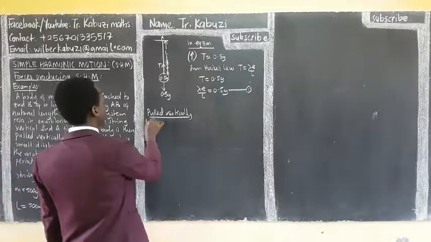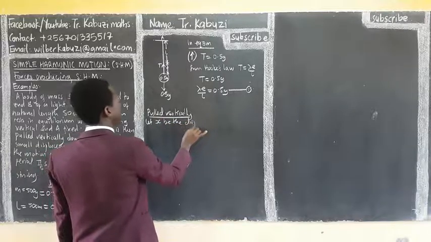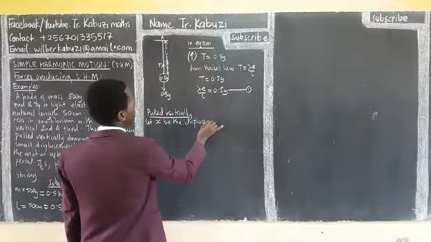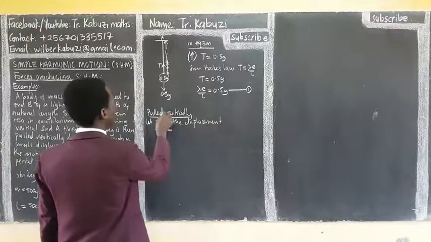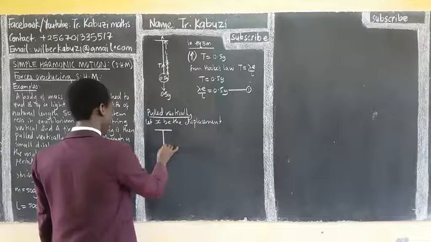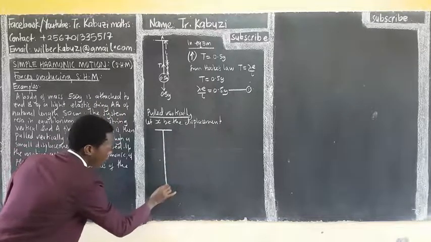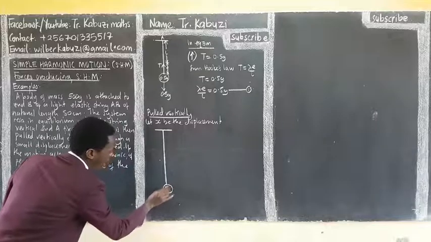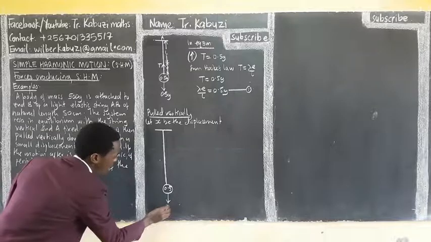Let x be the displacement when it's pulled. Its end is still fixed there, and it's pulled downwards. We have our particle there with mass 0.5 kilograms.